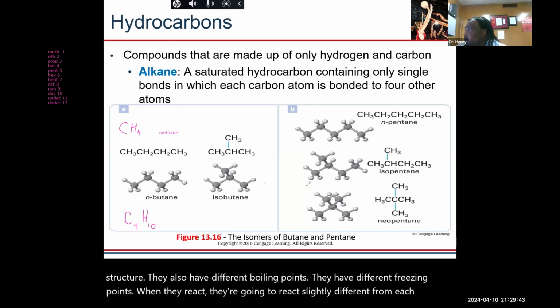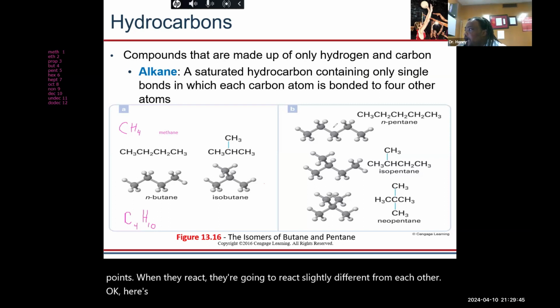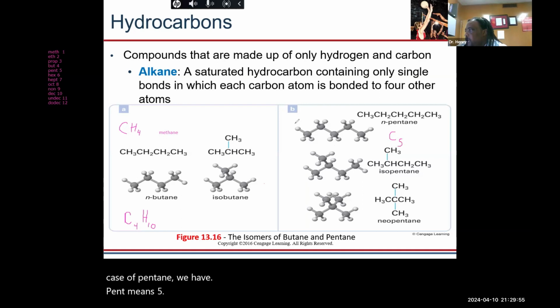Okay. Here's another example. So these guys are all examples of pentane. Pent means 5, and we have 2, 4, 6, 8, 10, 12 hydrogens.